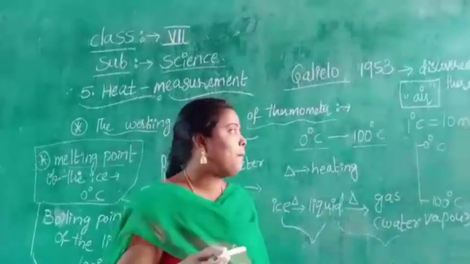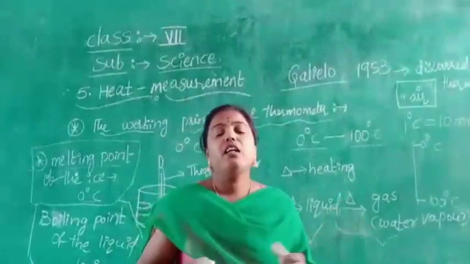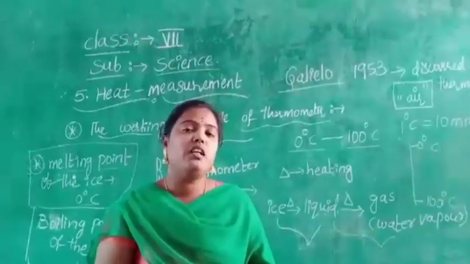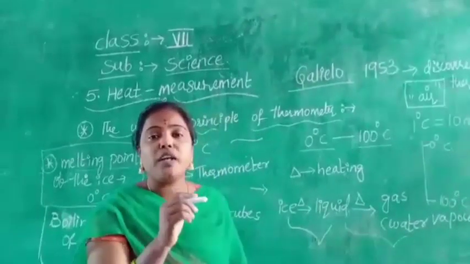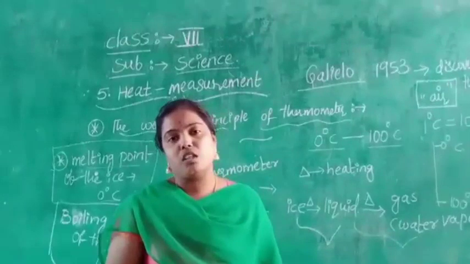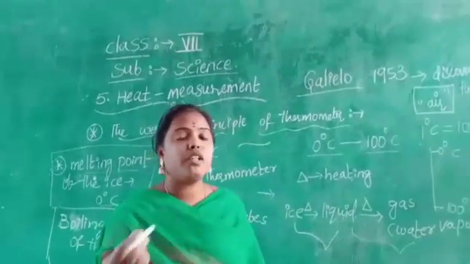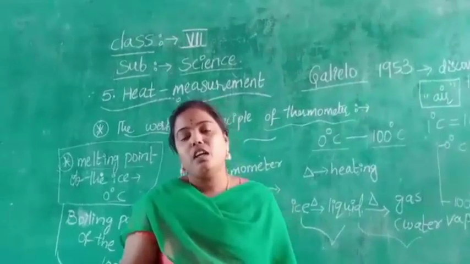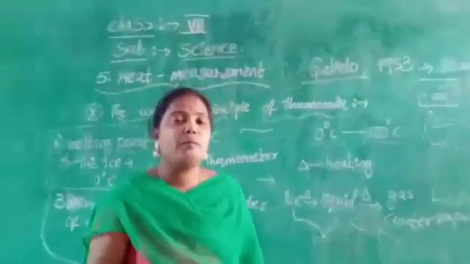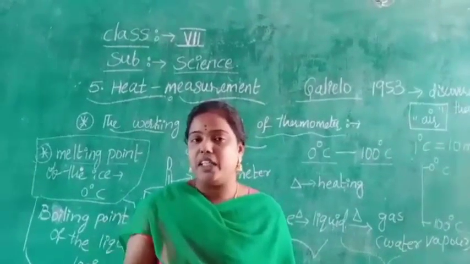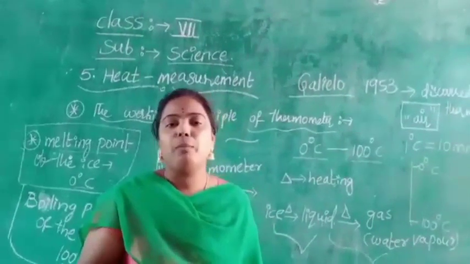But the air does not record very high and low temperatures. That's why nowadays we are using mercury, a metal, in the thermometer.